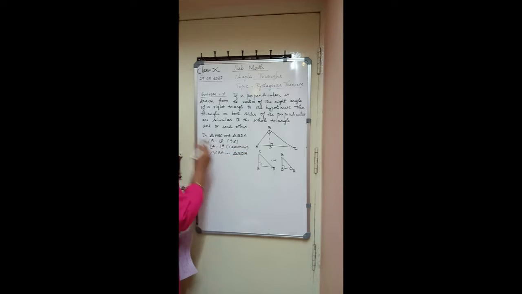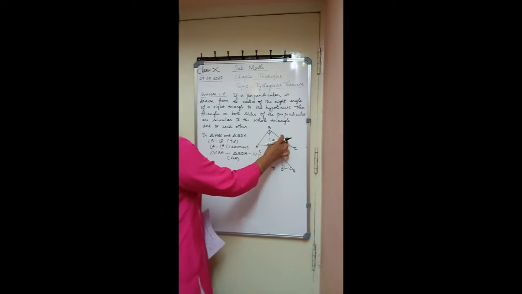In the same order you have to write. So, triangle CBA is similar to BDA: angle C equals angle B, angle B equals angle D, and angle A equals angle A. So, by AA criterion. Take this as equation 1. Okay.